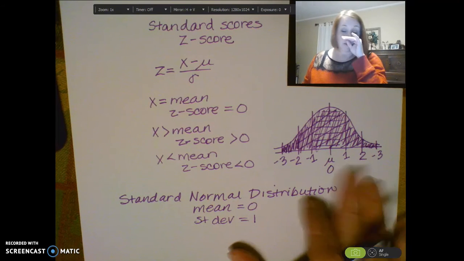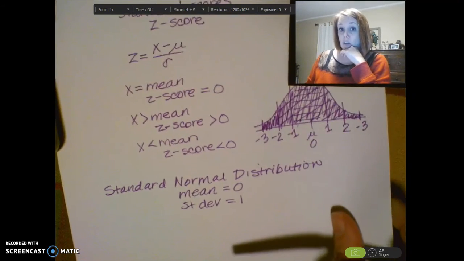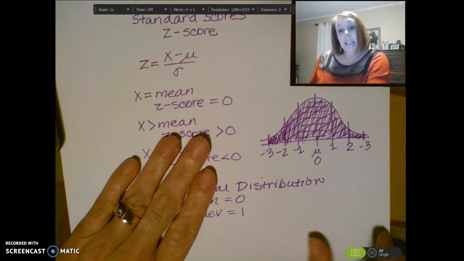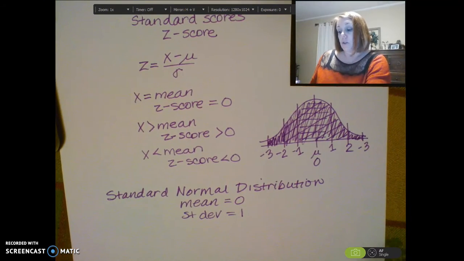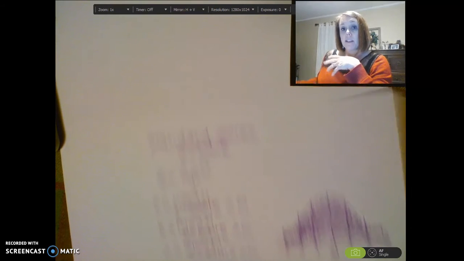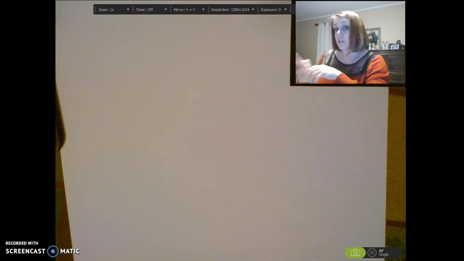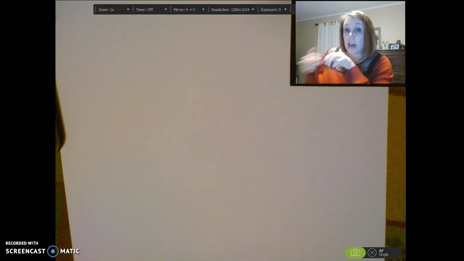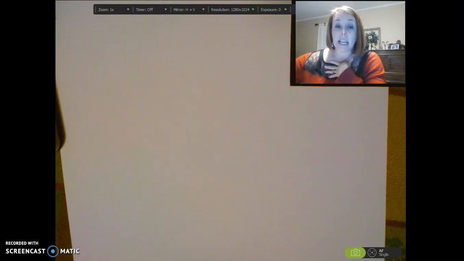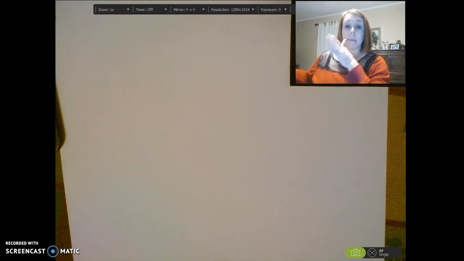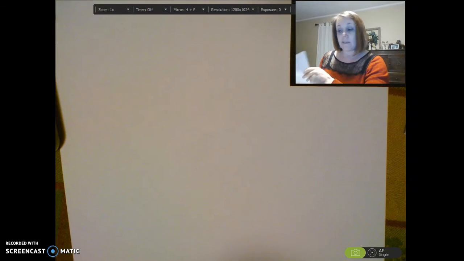Now, the way that we're going to do that is to start finding the area under the curve. Making a distribution a standard normal distribution simplifies the process of finding the area under the curve because certain tables have been created that tell us the areas between the mean and a specific z value.